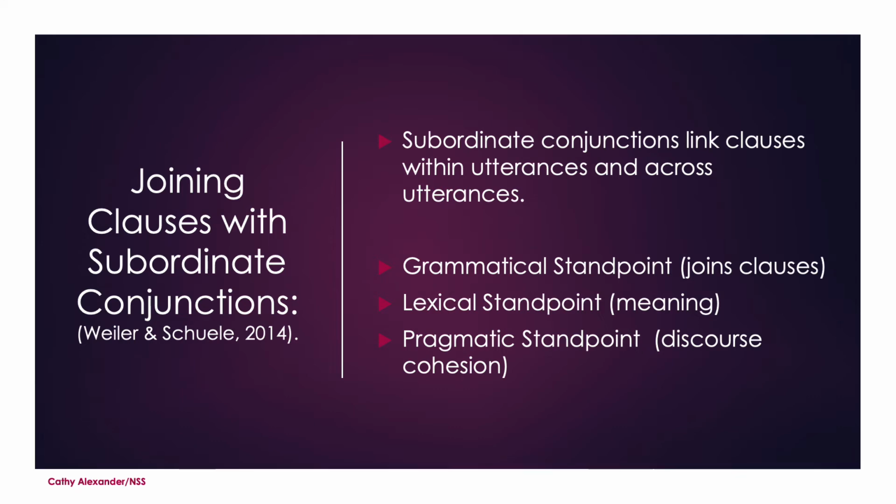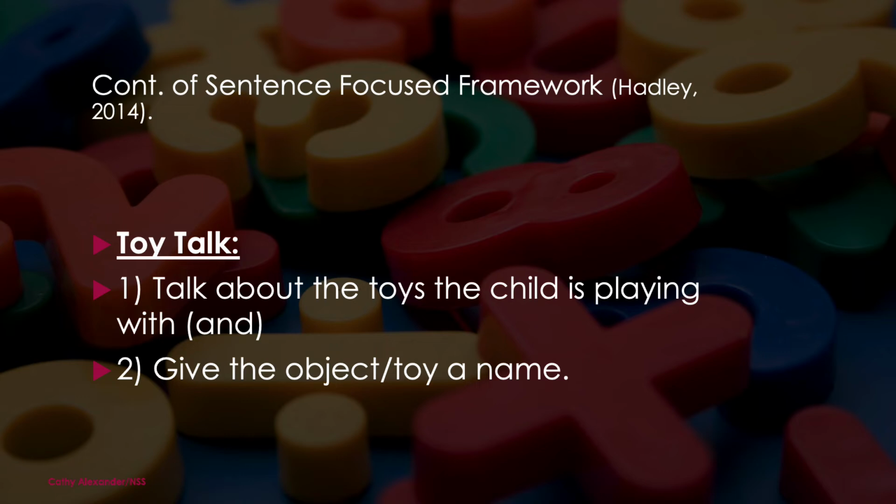Okay, now this is kind of the opposite. Instead of telling the teachers and clinicians to use a diverse range of verbs, now we're going to look at the opposite. Another goal to expand sentence diversity is by having the parent or clinician model diverse sentence combinations with known verbs.